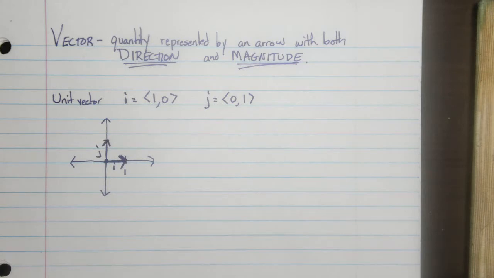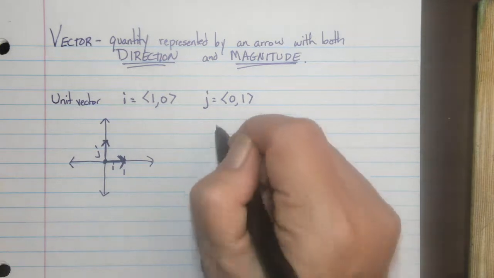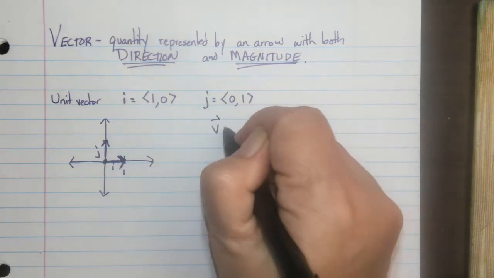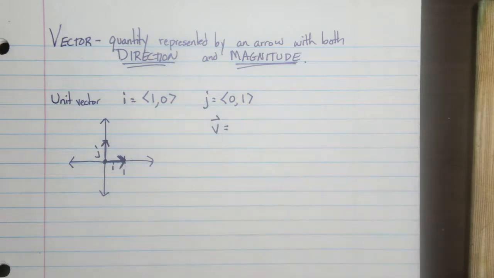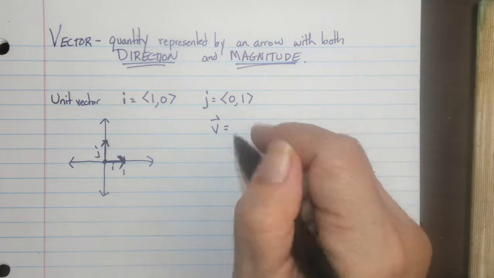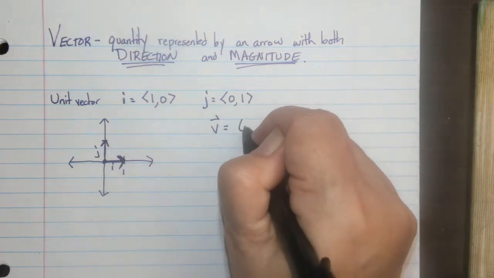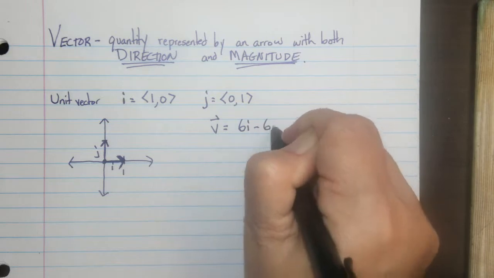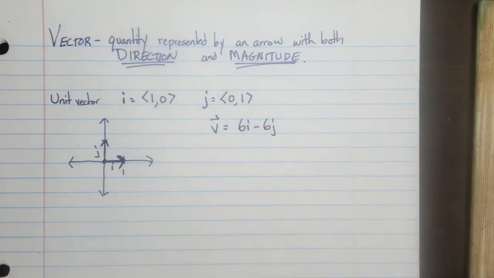So I can take a vector v, and I can write this vector in 2 forms. I could write it in our linear combination form, 6i minus 6j.